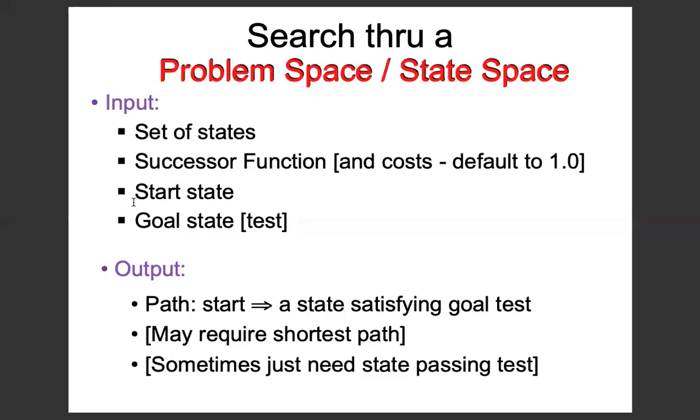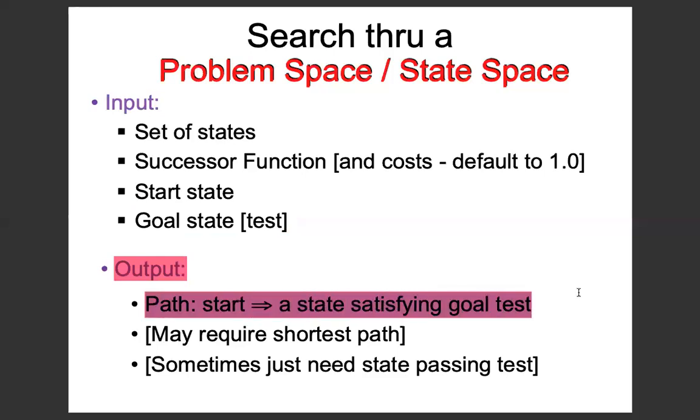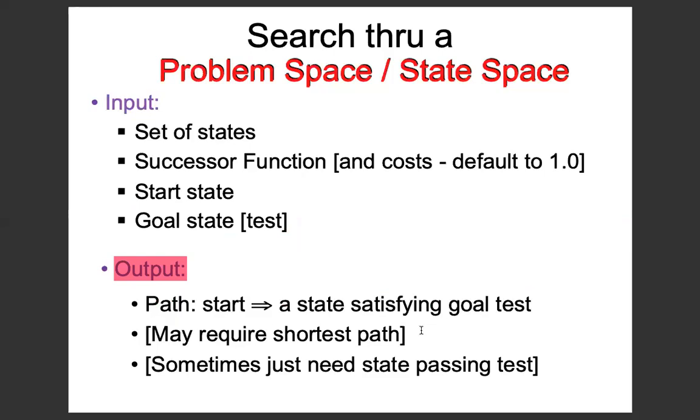While searching in the state space, your output will be a path from the start state to a state satisfying the goal test. You are going to test your goal, and it may require the shortest path. So it depends on your shortest path and on what path you are going to have.